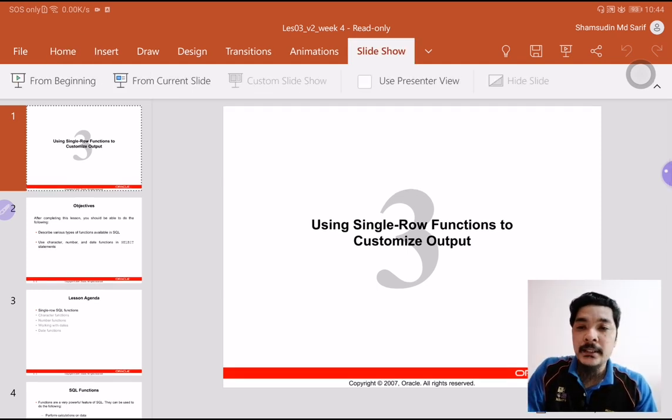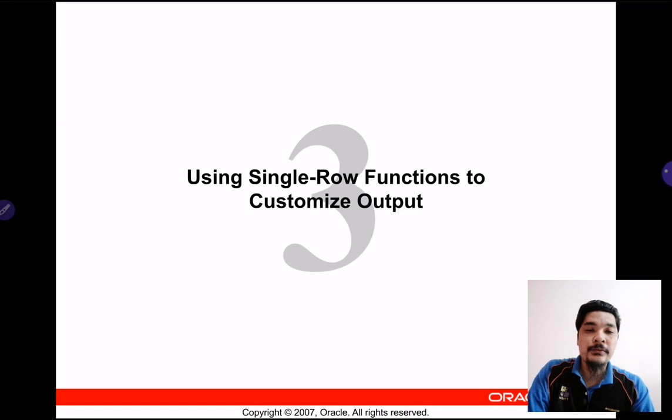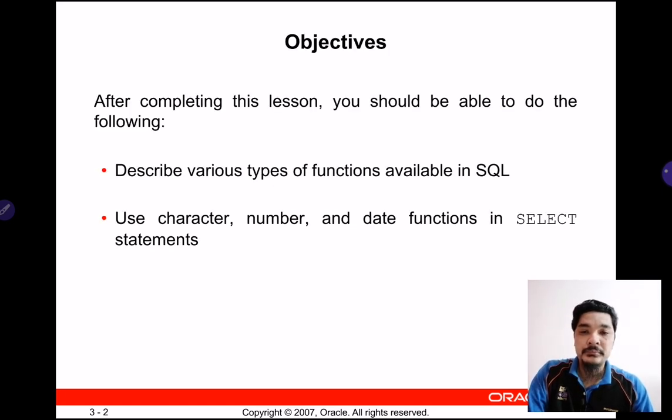For these lessons, lesson 3, week 4, we are going to talk about using single row functions to customize output. What are these functions? These lessons describe the various types of functions available in SQL.